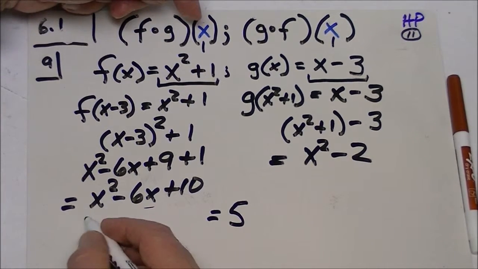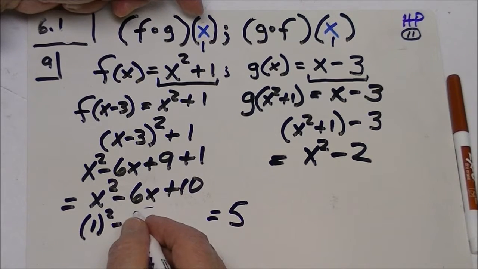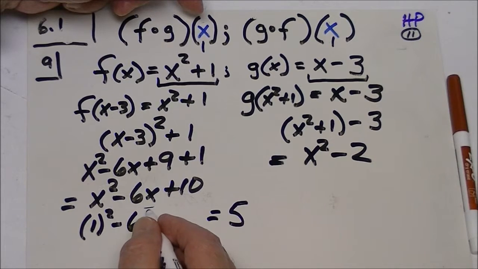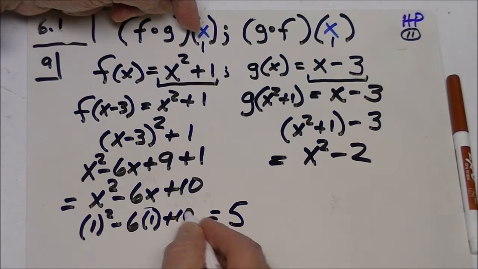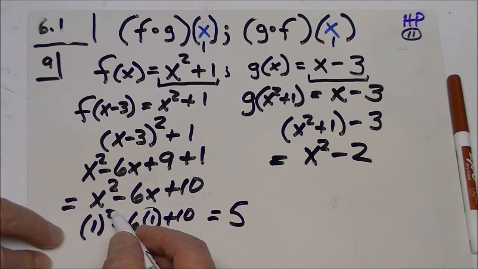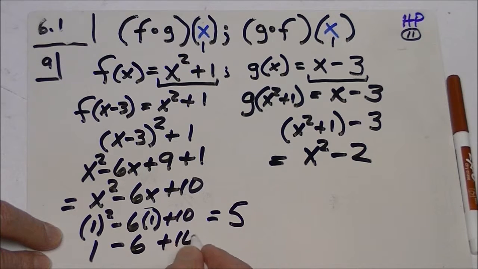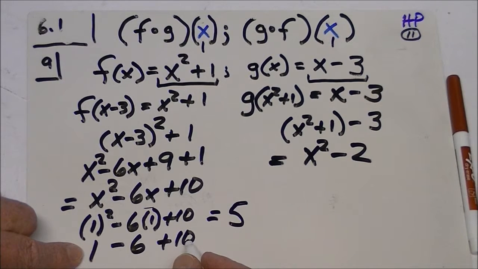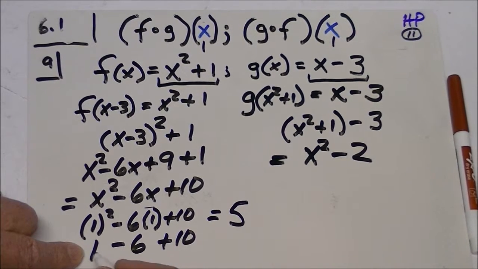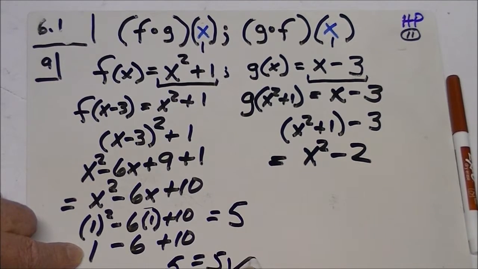So we're going to take our x squared, which we said was 1, minus 6 times 1, again we're using this 1, plus 10. Well, 1 squared is 1. A negative 6 times 1 is a negative 6 plus 10. So 1 plus 10 is 11. 11 minus 6 is 5. So it checks.